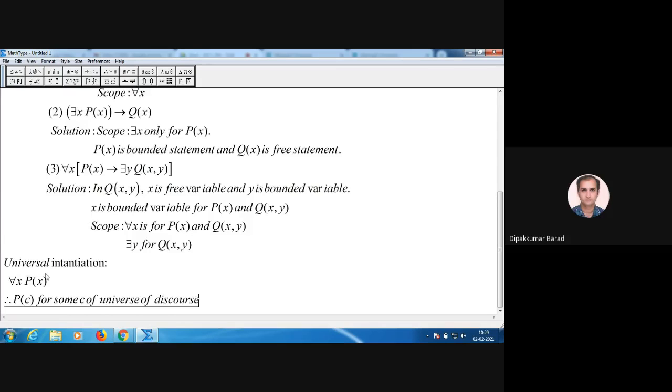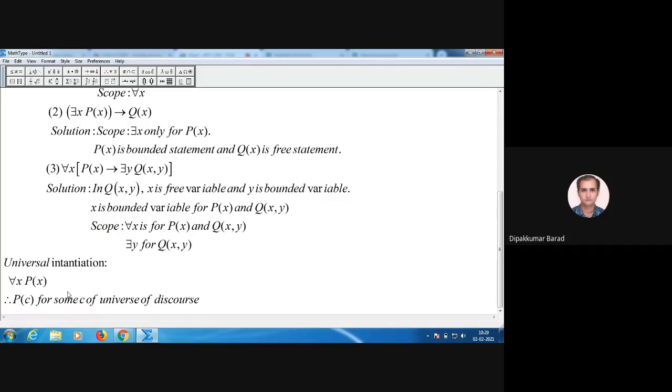Now, universe of discourse means the domain of a function. So this: for all x, P of x, therefore P of c for some c of the universe of discourse.